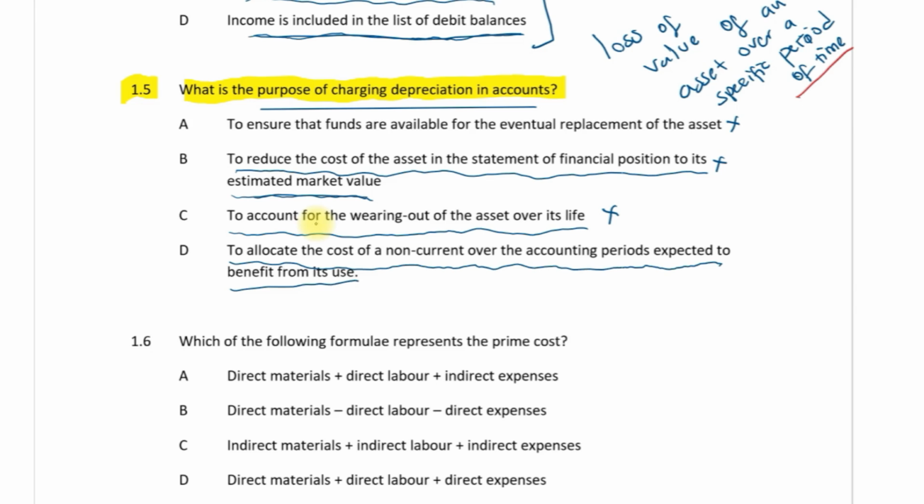Remember that I did mention that when it comes to depreciation, there's an element of time. And for sure, what we depreciate are non-current assets. This answer is much more specific than the others, and therefore the correct answer out of these options is D.